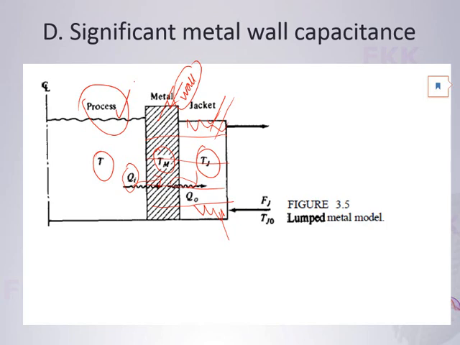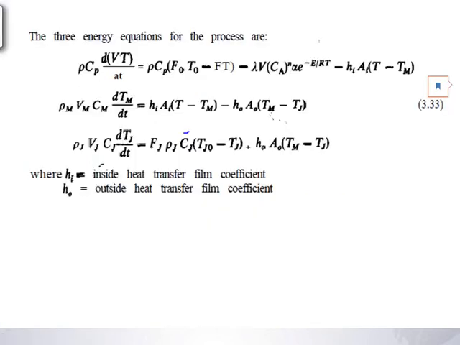Next, from here, this is supposed to be very easy. So there are 3 energy equations. This is for the process: d(rho V T)/dt is equal to rho Cp (F0 T0 minus F T). You're okay with this? Yes. Minus, this is actually the heat dissipated by the reaction.